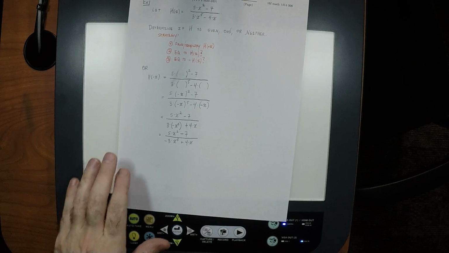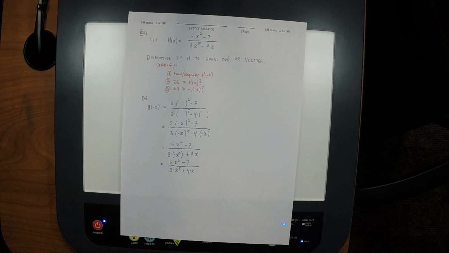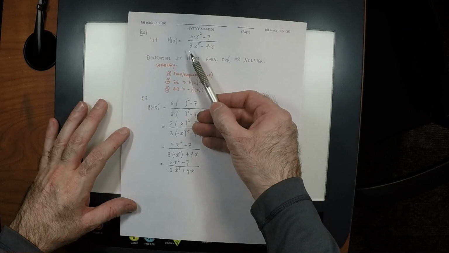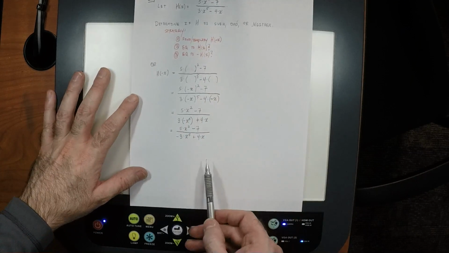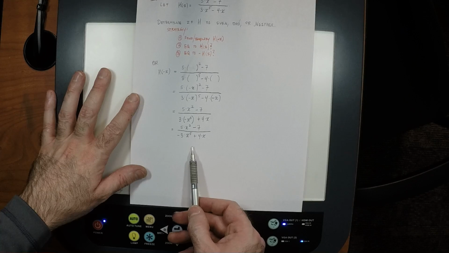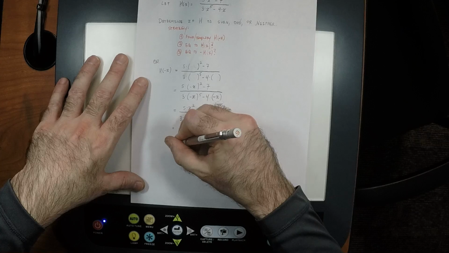So we've made some simplifications, and now I'm going to ask: is that exactly the same as h? It seems kind of similar, right? The numerators are the same. Are the denominators the same? Not exactly. Notice that that's positive 3, that coefficient, and that coefficient is negative 4, and these are the opposite: negative 3 and positive 4. Now maybe we could factor out a negative.